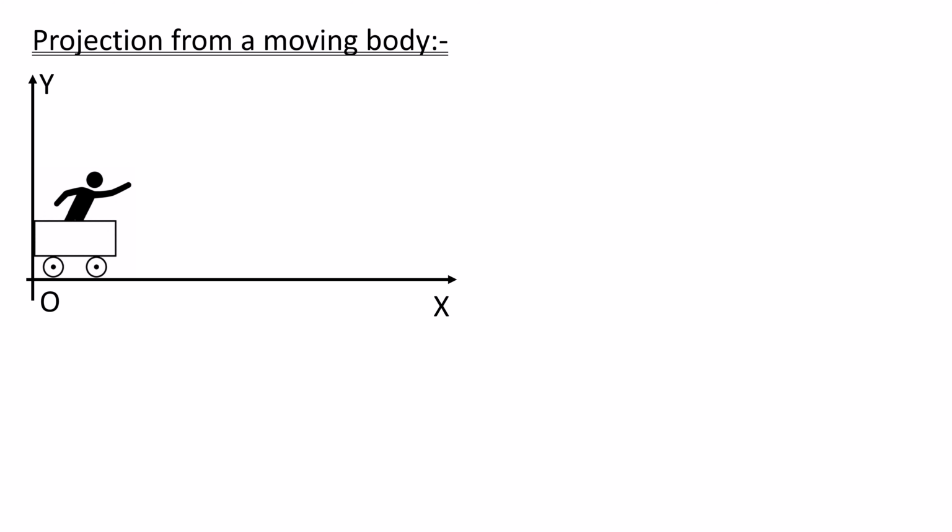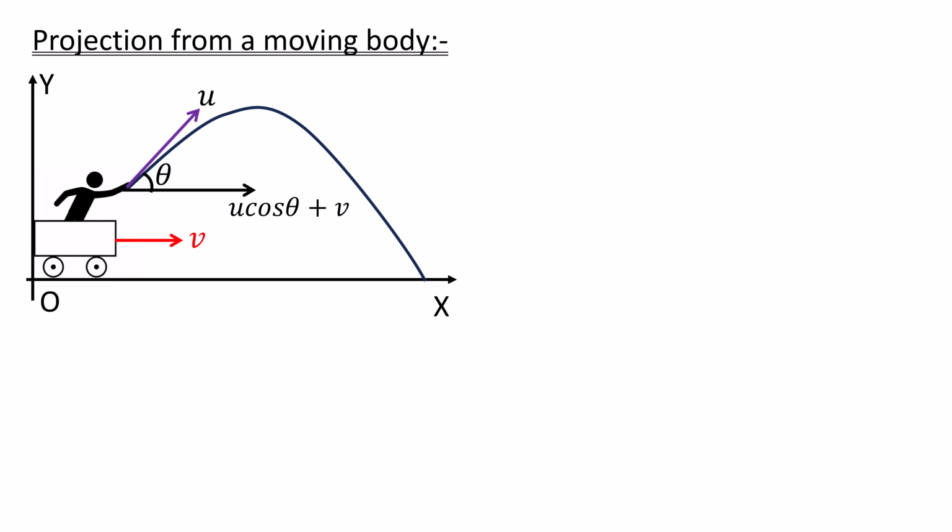Projection from a moving body. A person is in a moving trolley whose velocity is v. He projects a projectile at an angle theta as shown in the figure. Along the horizontal direction, the component of u is u cos theta, and the trolley is also moving in the same direction. That's why the horizontal velocity becomes u cos theta plus v for the projectile, and the vertical velocity is u sin theta.